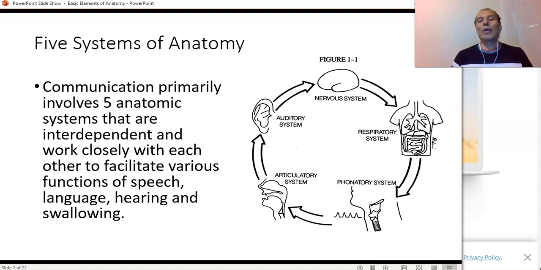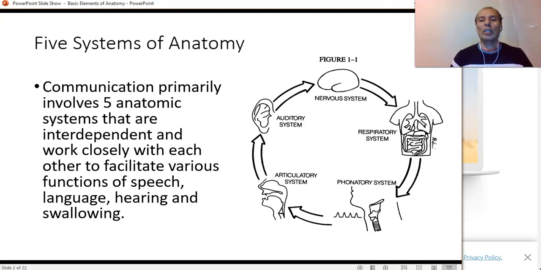The nervous system enables you to breathe. For example, it has nerves that connect to the diaphragm and nerves that connect to the muscles, and there are centers in the brainstem that regulate breathing and make it automatic.